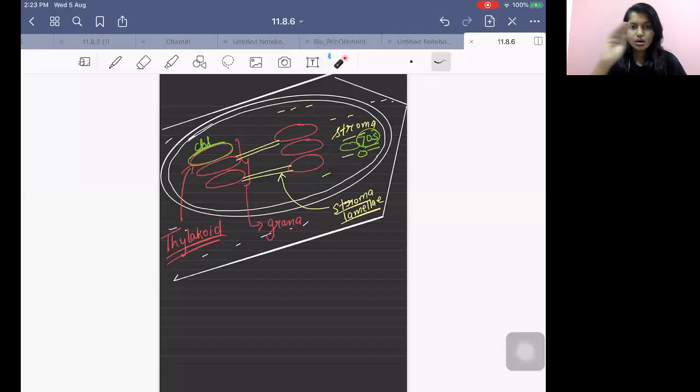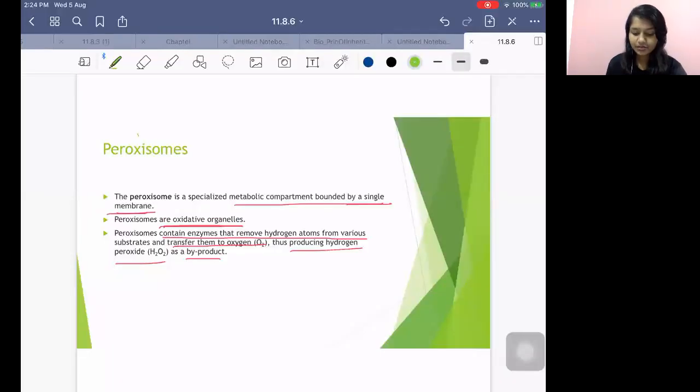Okay, so this is all about chloroplast and all the types of plastids: chloroplast, chromoplast, leucoplast. Leucoplast has three types based on what they are storing: elaioplast, amyloplast, and aleuroplast.